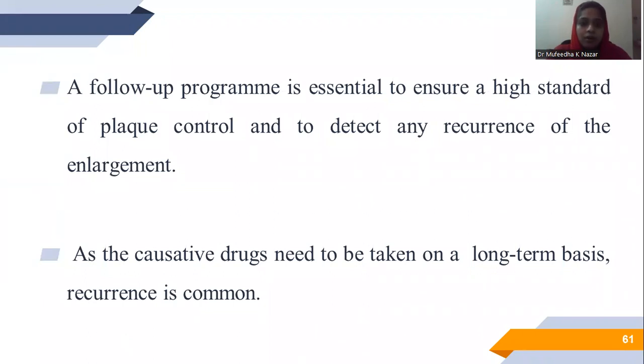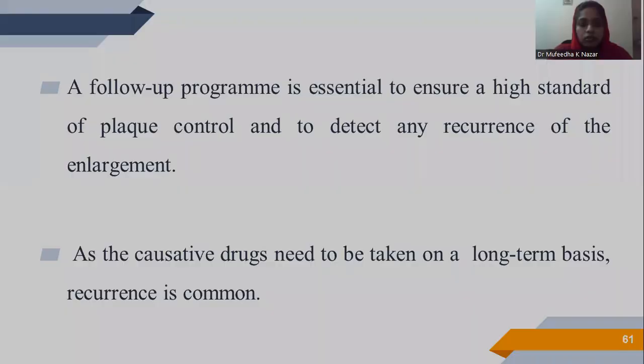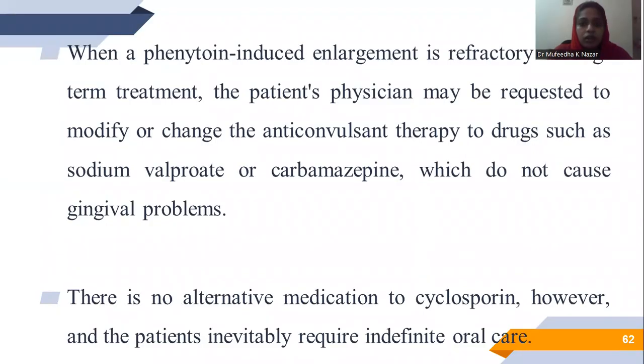A follow-up program is essential to ensure a high standard of plaque control and to detect any recurrence of enlargement. When the phenytoin-induced enlargement is refractory, the patient's physician may be requested to modify or change the anticonvulsant therapy to drugs such as sodium valproate or carbamazepine that do not cause gingival problems.